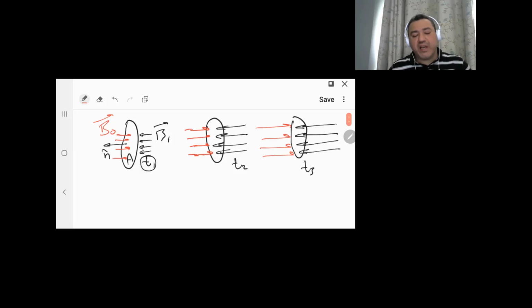Why? Because it tries to resist any change in the magnetic field. That's why it applies an opposing magnetic field, trying to resist the change. So the change here is increasing. As you can see, the magnetic field is increasing, going in this direction from right to left. Then the opposing magnetic field will go in the opposite direction, trying not to let the magnetic field increase.